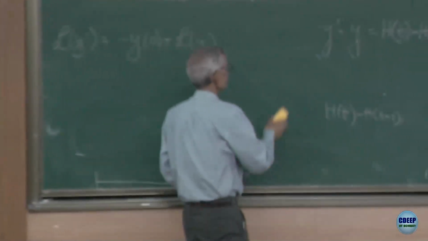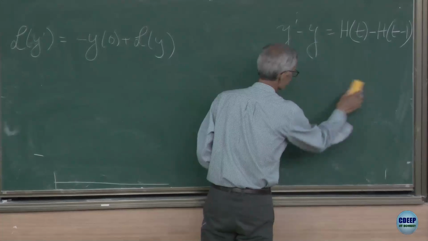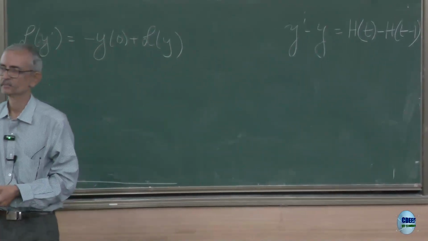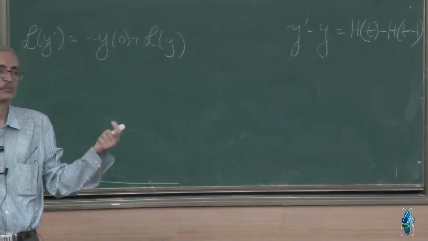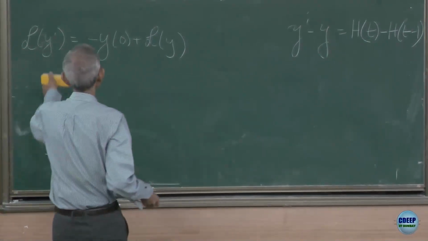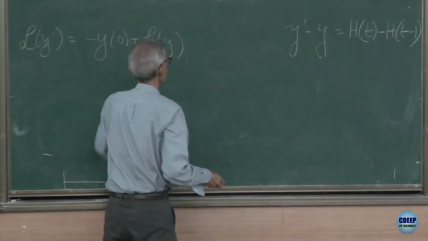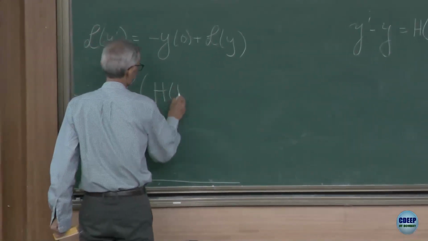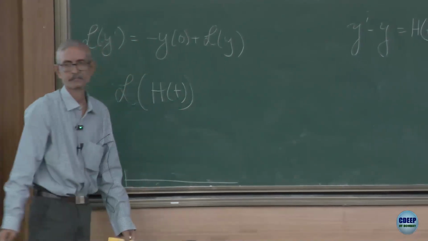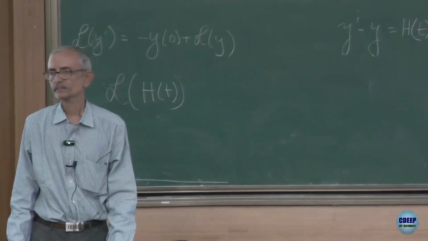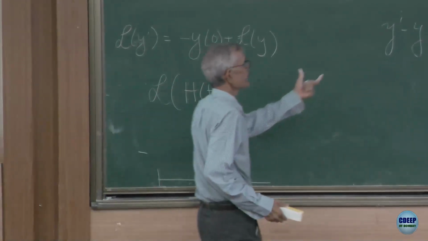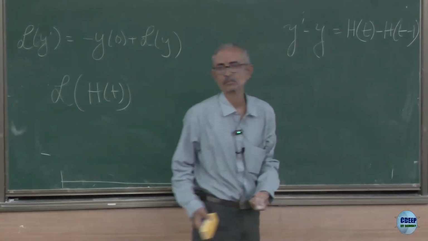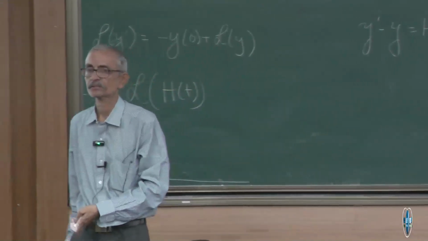Does that generate a new headache for me? Yes, because I need to know now, we have already said the Laplace transform of this is this. So I need to know what is the Laplace transform of h of t, right? Because we are taking the Laplace transform on the left hand side, we would like to take it on the right hand side also.